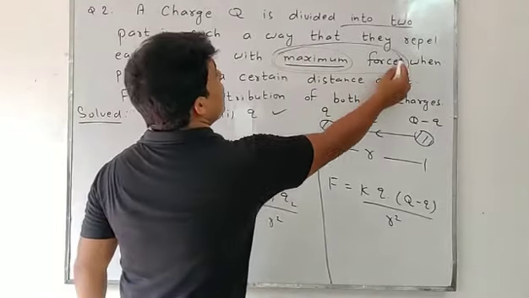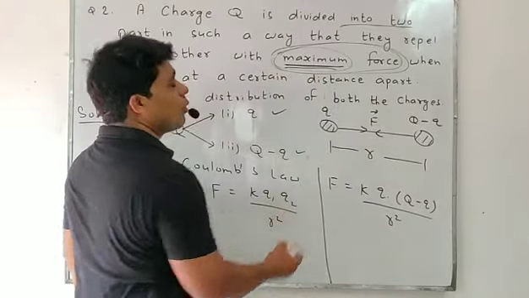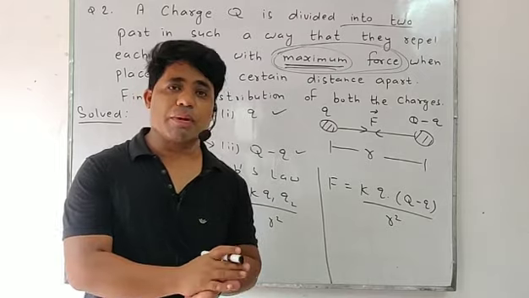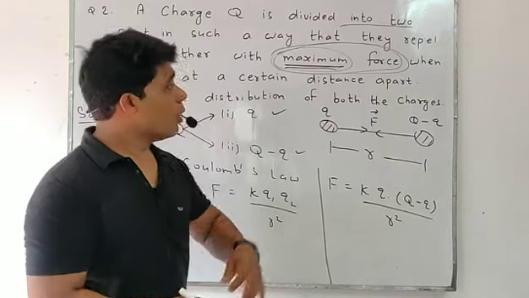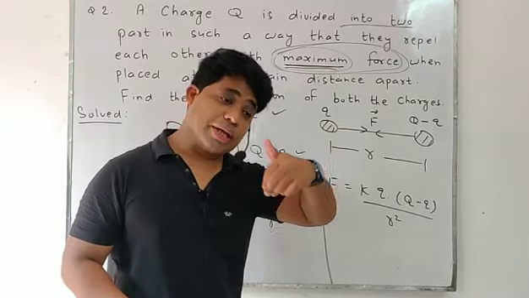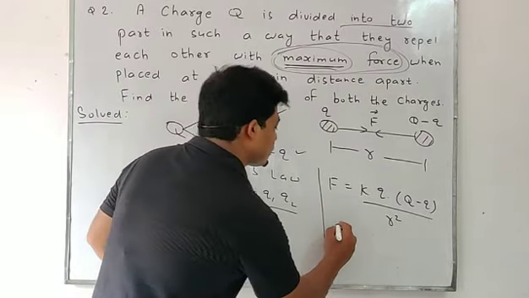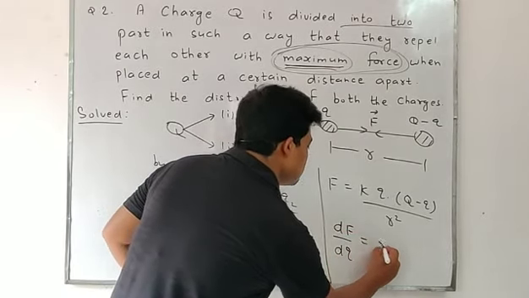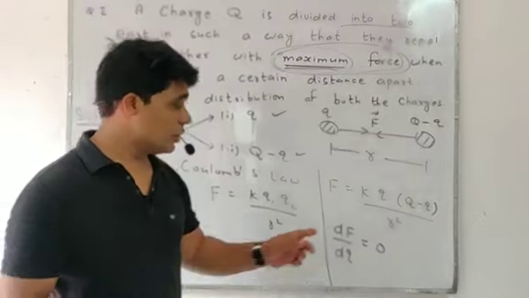But now the important word, maximum force. For getting maximum or minimum force, we have the concept in mathematics, maxima or minima. For getting maximum force, there is a condition that the differentiation of the force should be 0 with respect to charge.